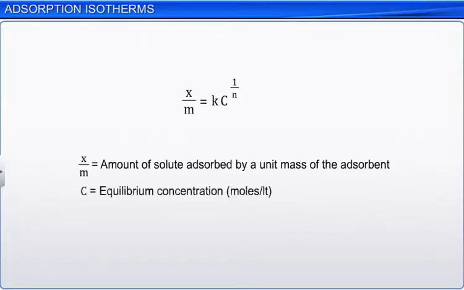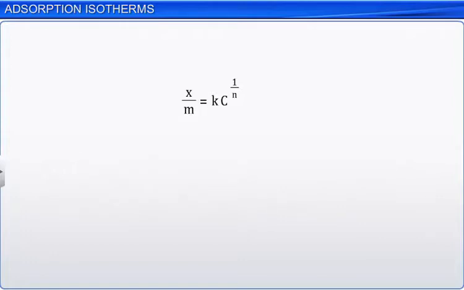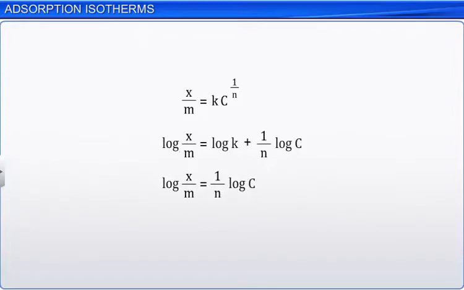Taking logarithm of this equation, we get log x by m is equal to log k plus 1 by n log c. This equation also corresponds to the equation of a straight line, y equal to mx plus c.